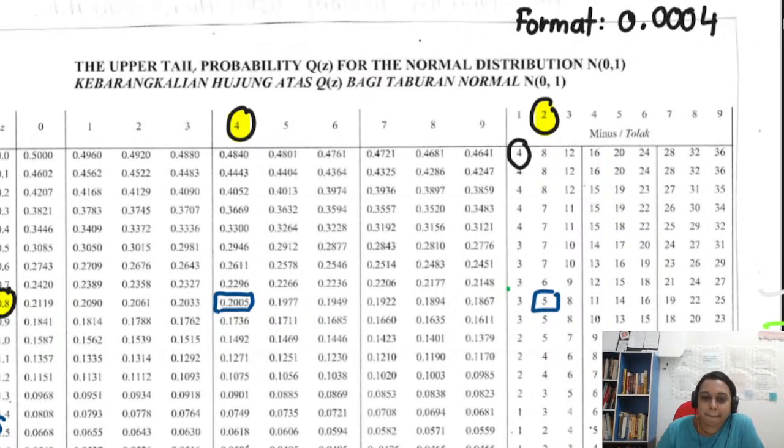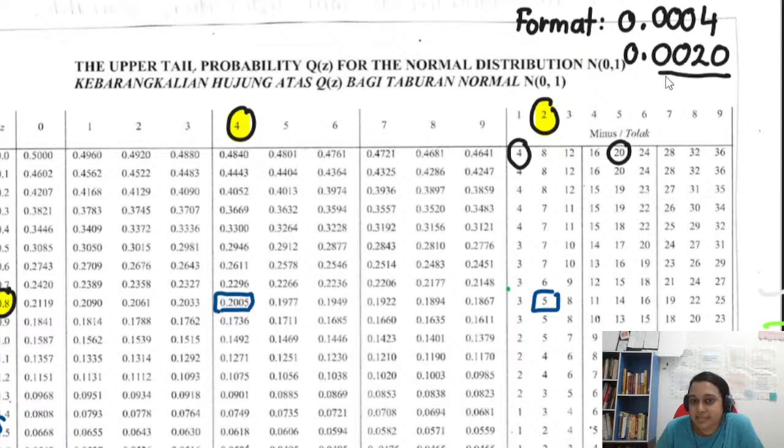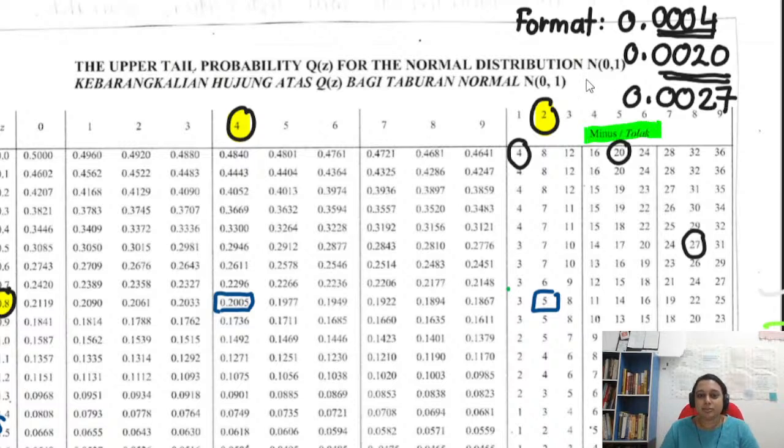Like that. If this is 20 means you must write 0.0020. Behind must have 4 digits, 4 numbers dekat belakang. If 27 means 0.0027 like that. Remember this one. The format for tolak minus is like that.